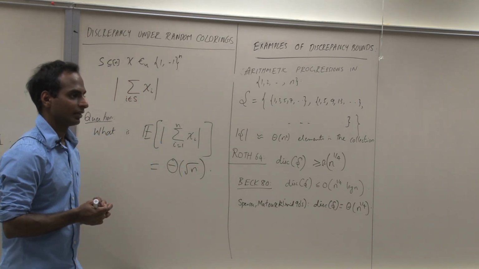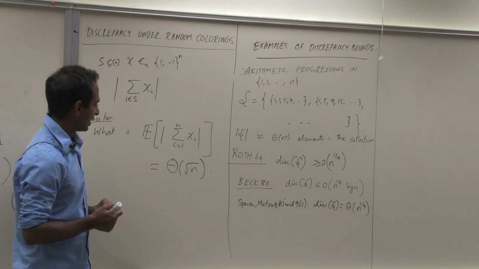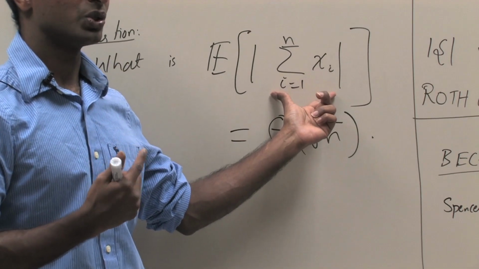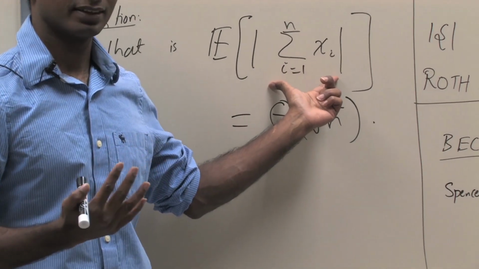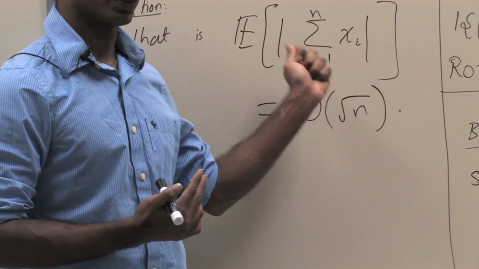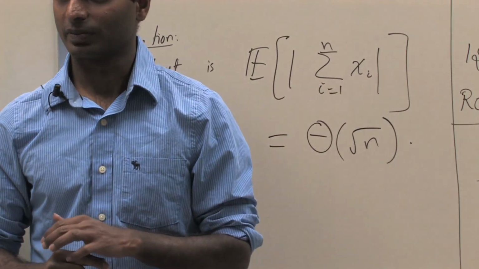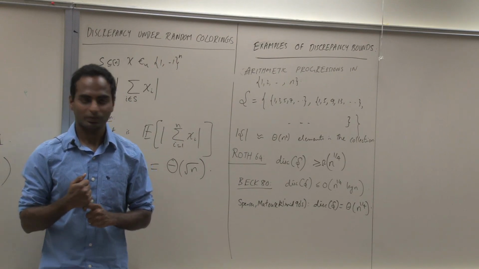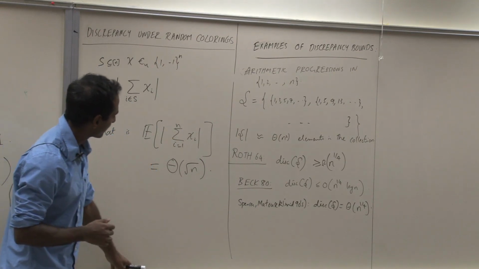So even though you're summing n things here, each one is 1 or minus 1, you should expect a lot of cancellations. And in particular, you're only going to be root n far away from 0. And you will actually be root n far away with high probability.